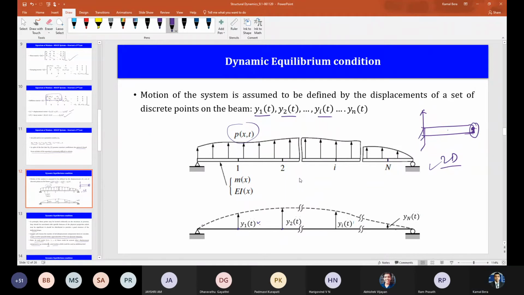Come on, for a beam, what are the degrees of freedom at this node? Let's say this is one node or a point. Forget about node, since this terminology is related to finite element or matrix structural analysis. Just a point. So at the end point, what could be the displacement components?